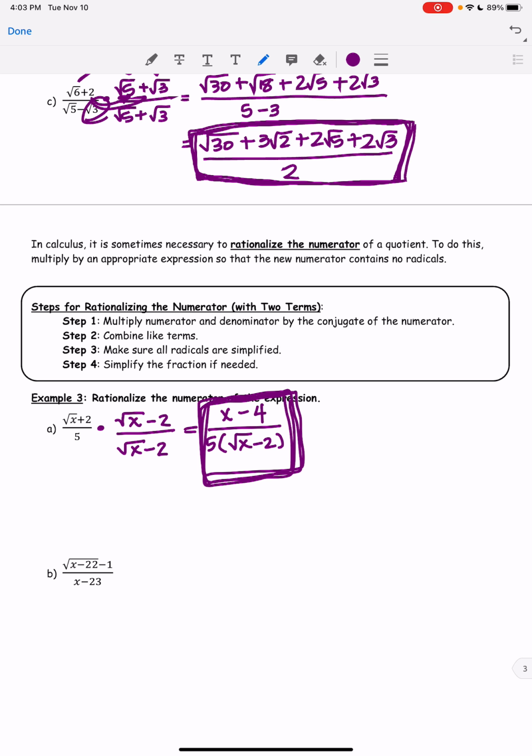This would be equivalent if you distribute that 5. So x minus 4 all over 5 square root x minus 10. But I like leaving this out because it makes simplifying and doing other things easier in the long run.